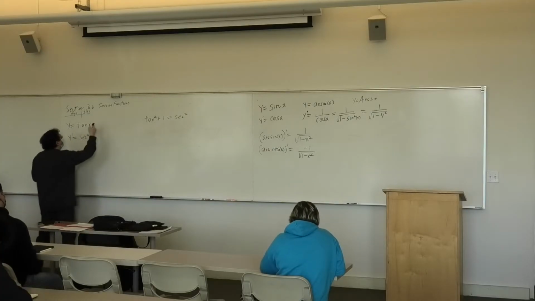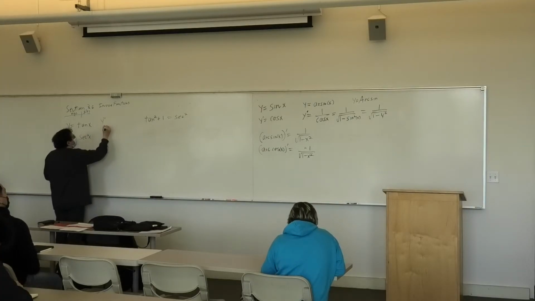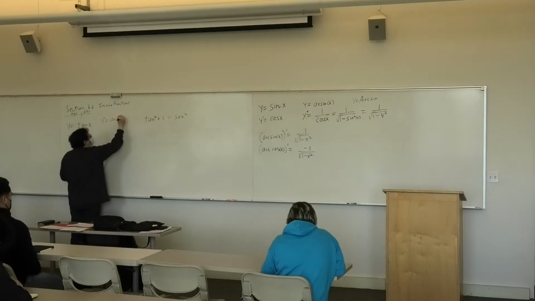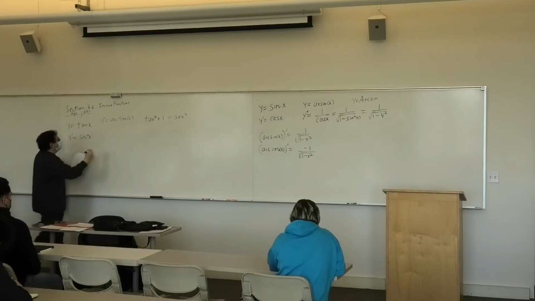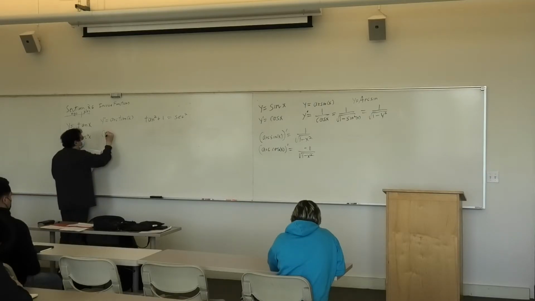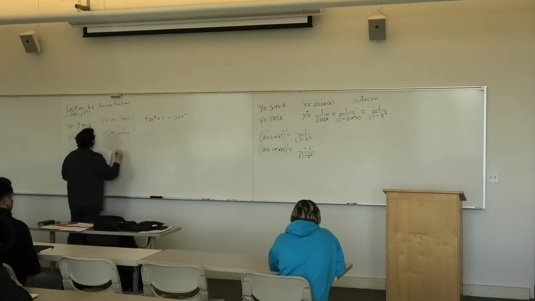So, okay, our inverse function is the arctan of x, and our derivative is going to be 1 over secant squared.